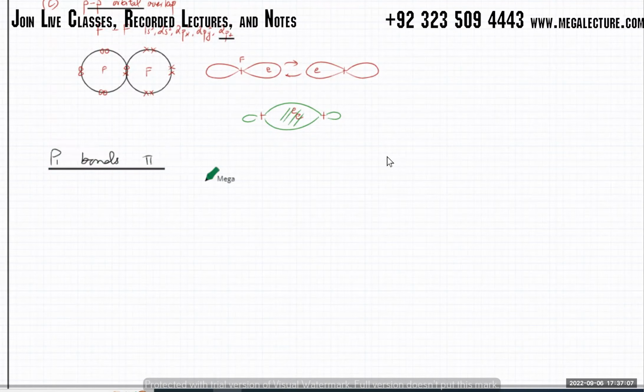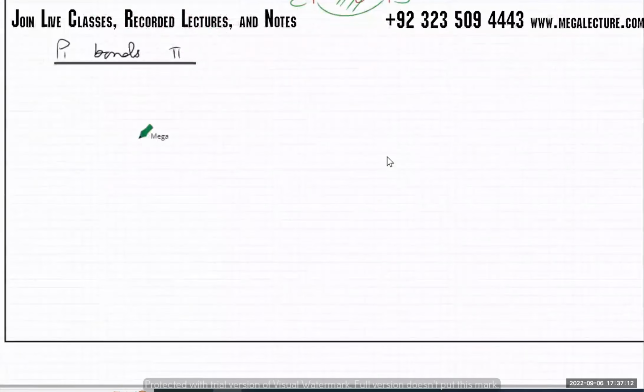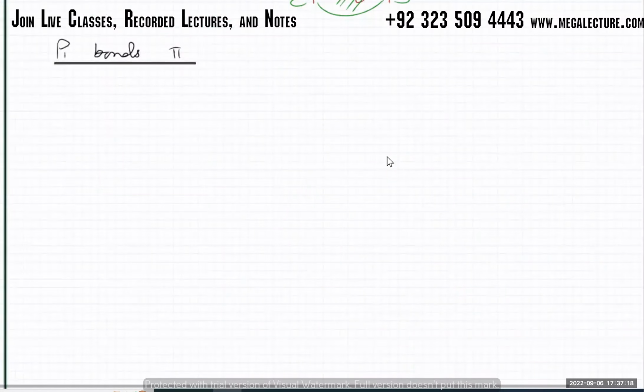तो pi bonds क्या होते हैं? Pi bonds में होता है कि you've got जो second bond बनेगा ना between atoms or any other bond, like if you have a double bond or a triple bond, the first bond was a sigma bond, the rest are all pi bonds. ठीक है, so first bond between atoms, first bond is sigma.